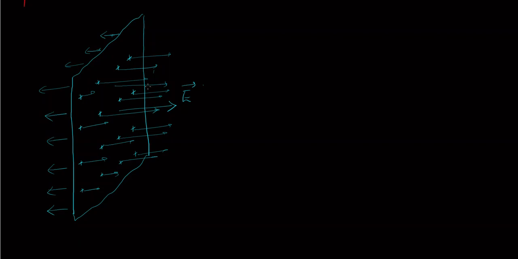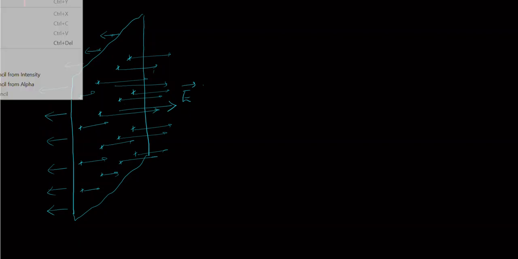Now we want to find the intensity of this electric field due to the plane sheet. Let me redraw the diagram. We clear this off. So again, here you have the plane sheet. This is a large plane sheet, an infinitely large plane sheet.